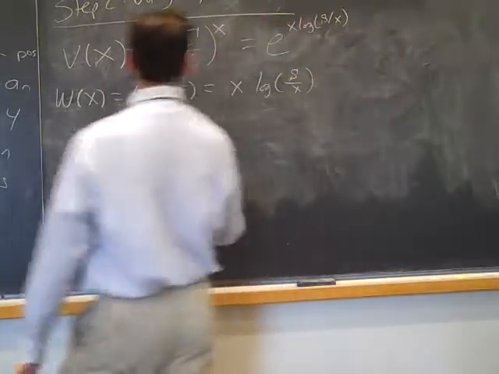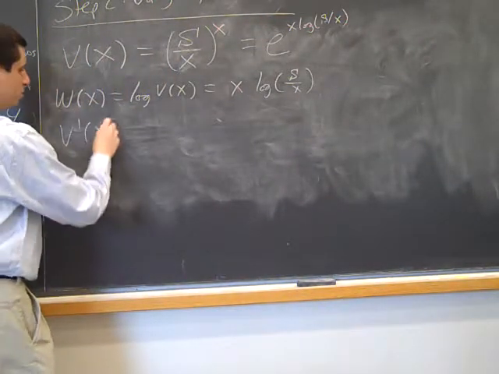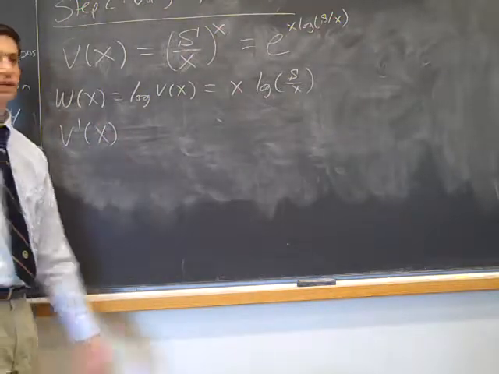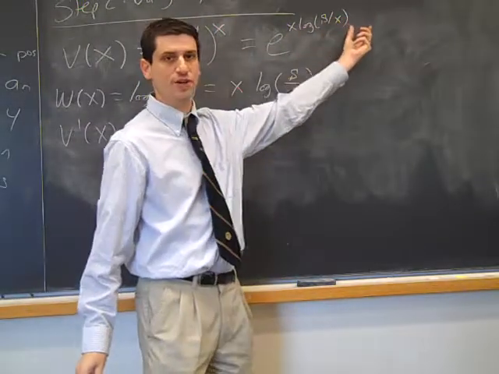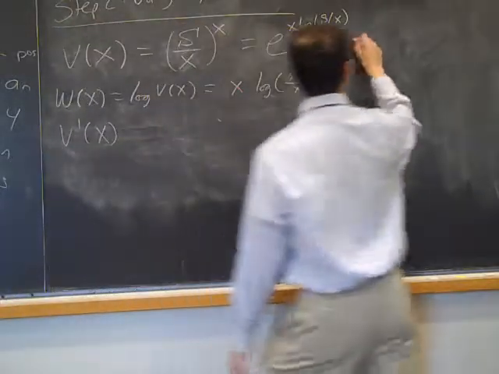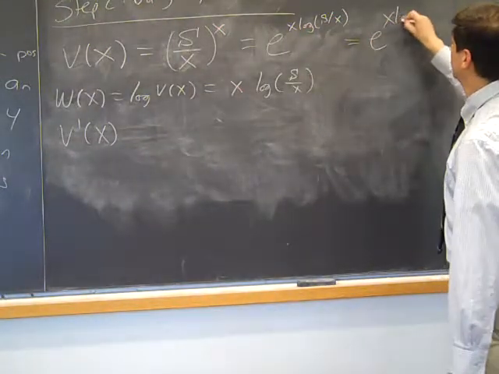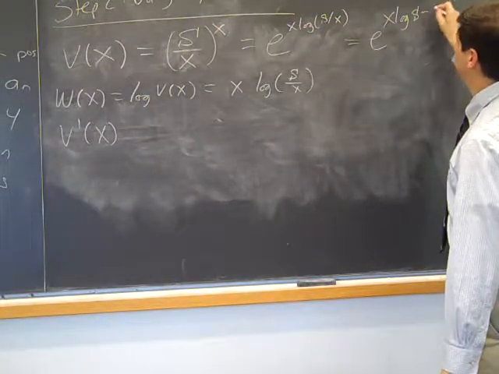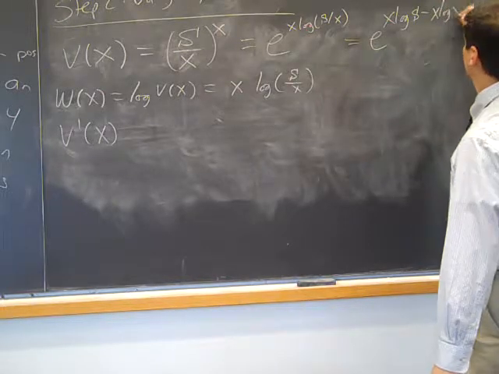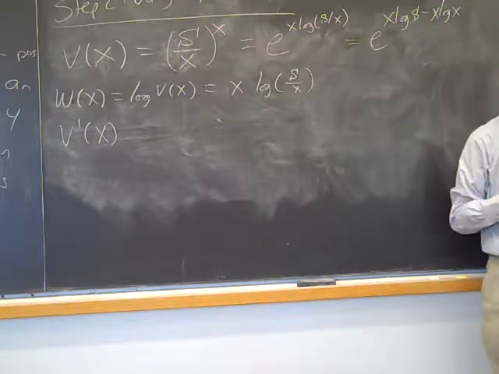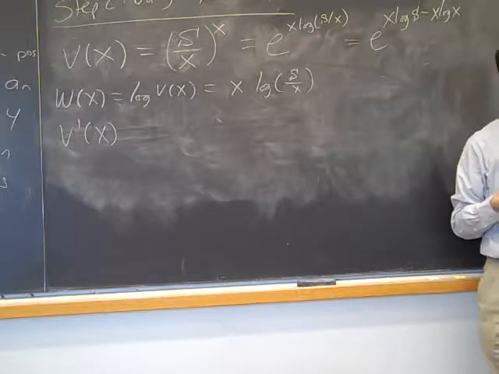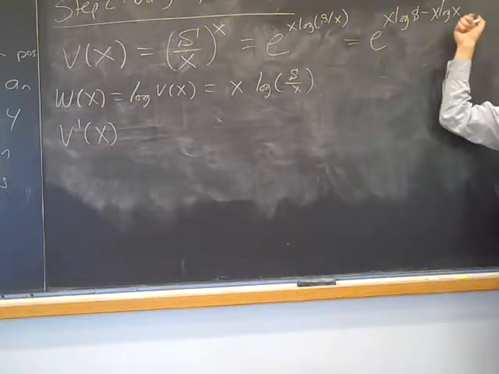So what would v prime be? Again, this is a way to just practice our calculus. I have e to the x log s over x. And in fact, you can even write that as e to the x log s minus x log x. The log of a quotient is the difference of the logs. So what rule do I use to take the derivative of this?